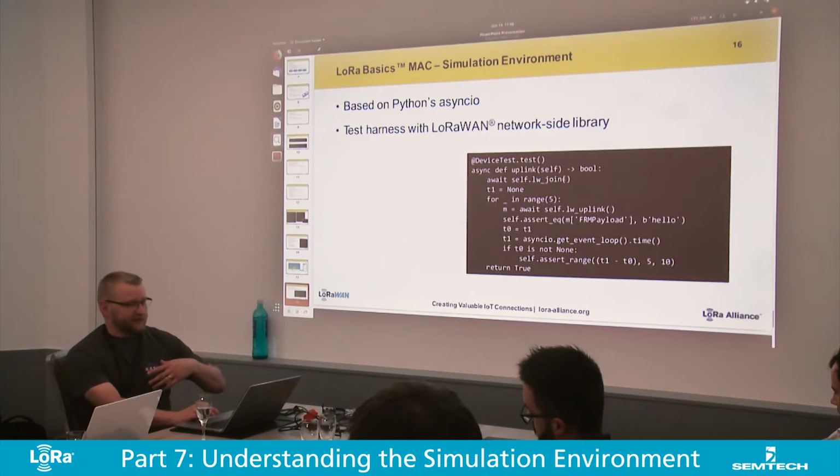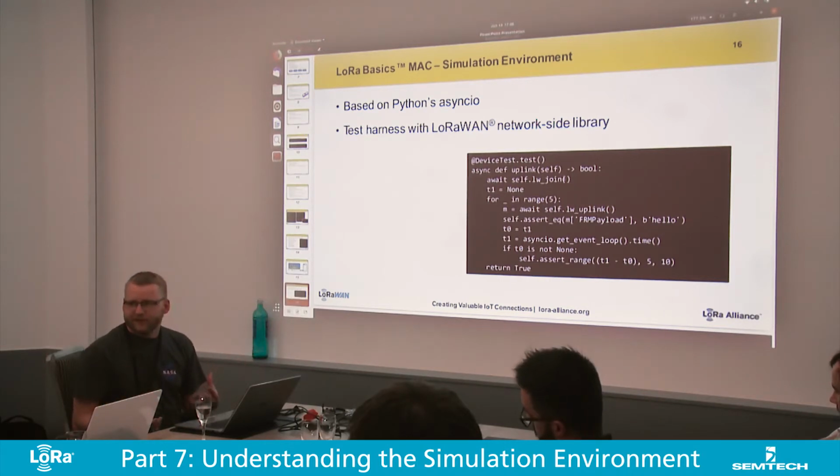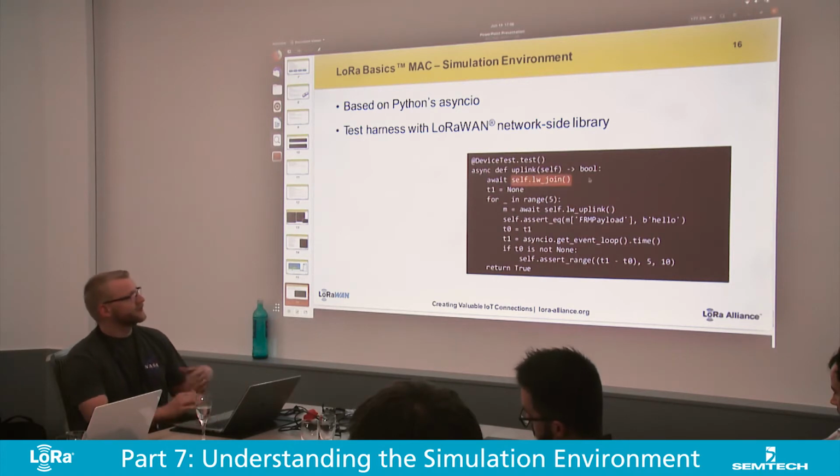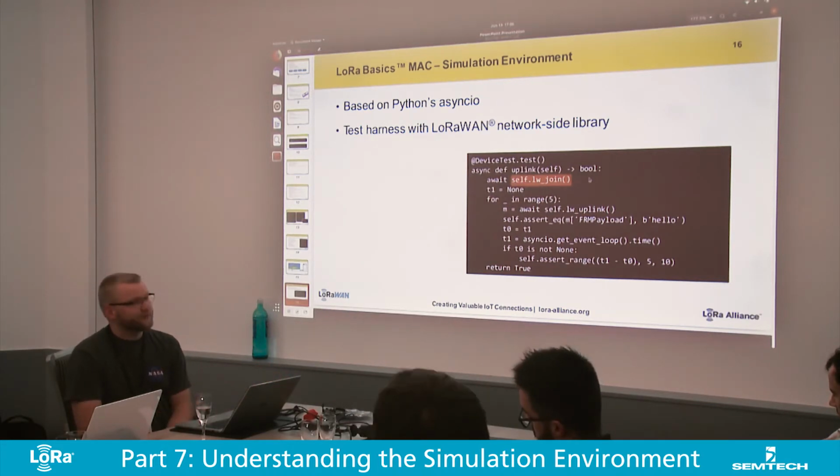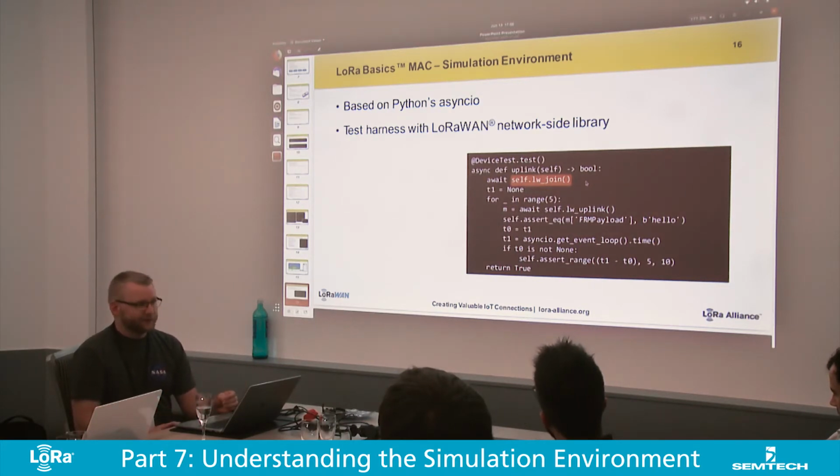In this test framework, we have some utility functions available. For example, one of them is join. What this function does is it expects at some point in the future to get a join request from the device, and we will process that to generate a join accept and send that back down to the device using the parameters. If any of that is not the way it's supposed to be, it will raise an assertion error and the test case will fail.